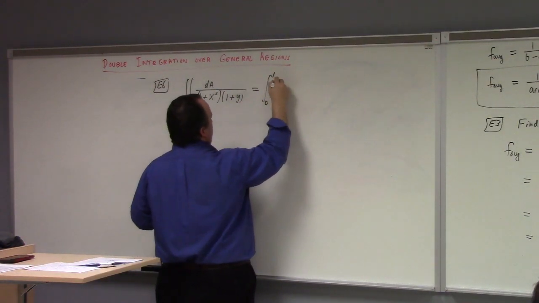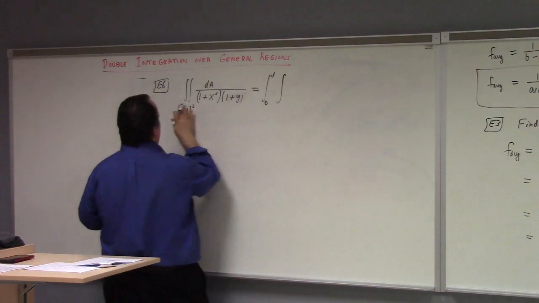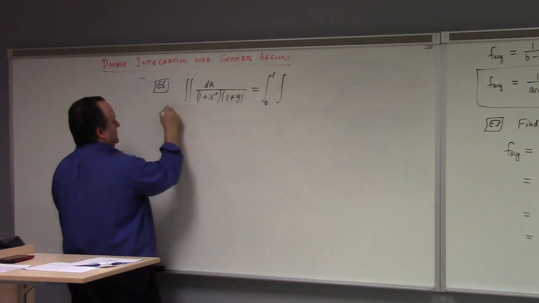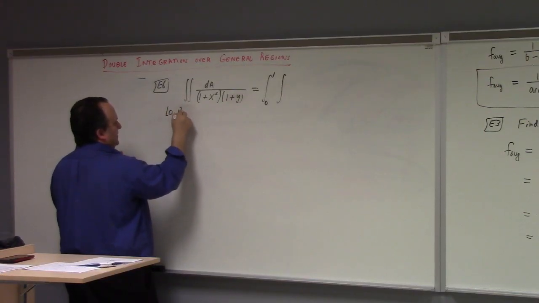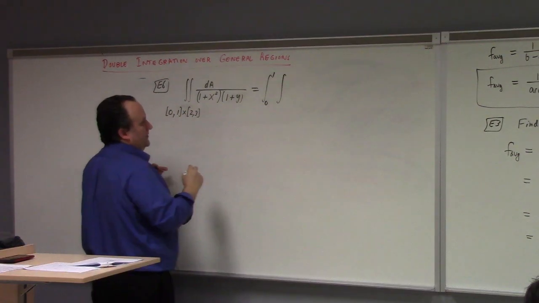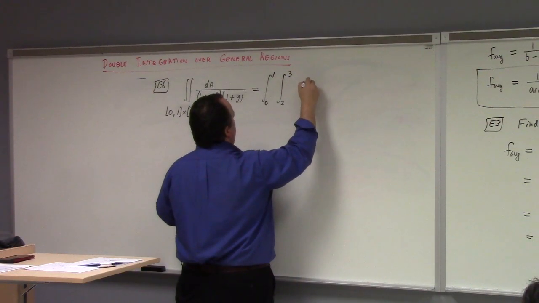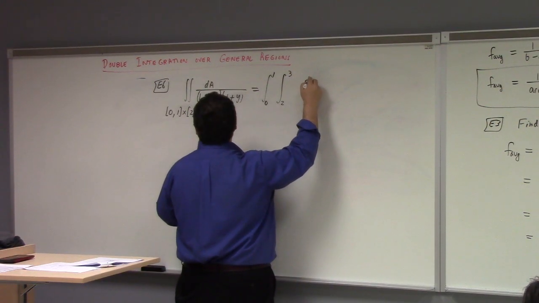So we're integrating from 0 to 1. So let's do 0 to 1 Cartesian product with 2 to 3. So let's see here, I've got dy.